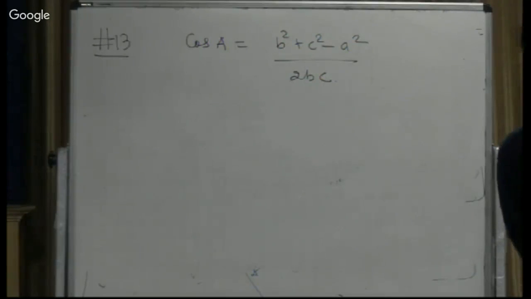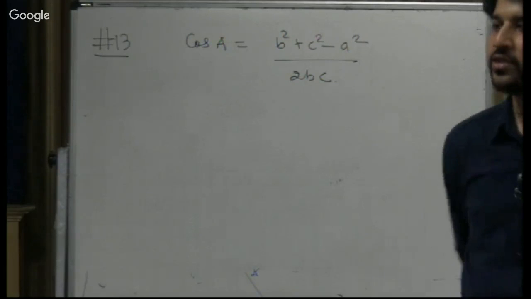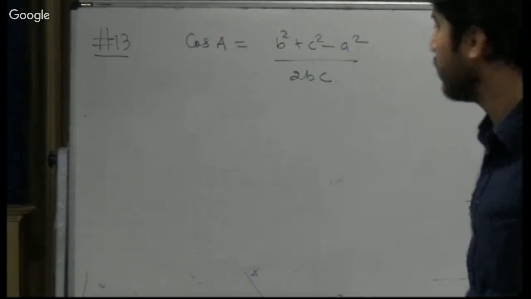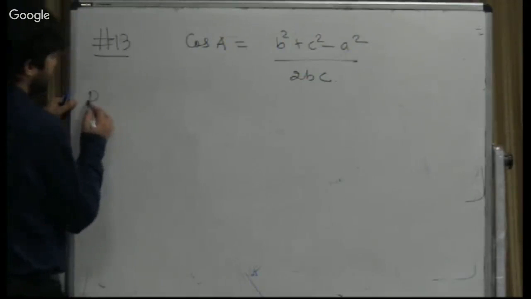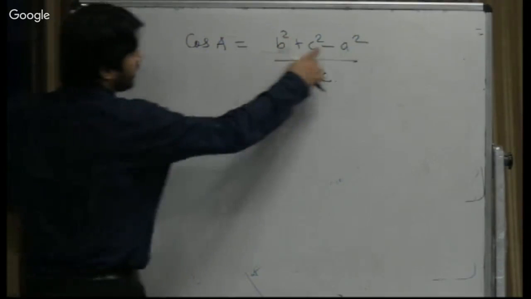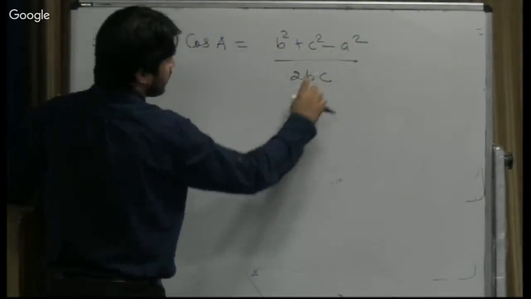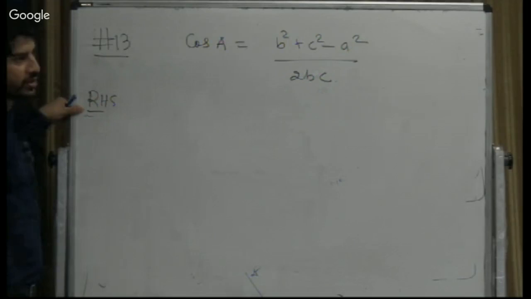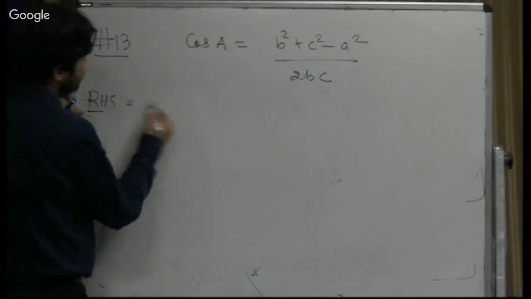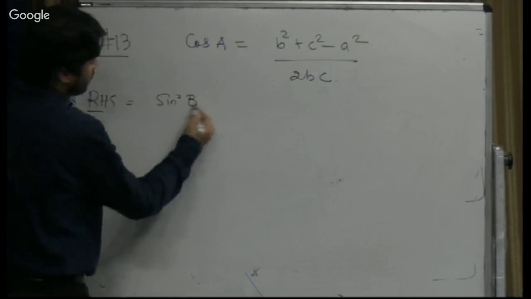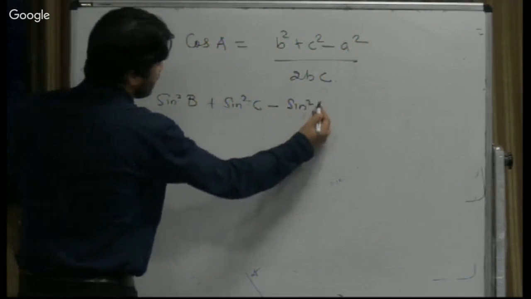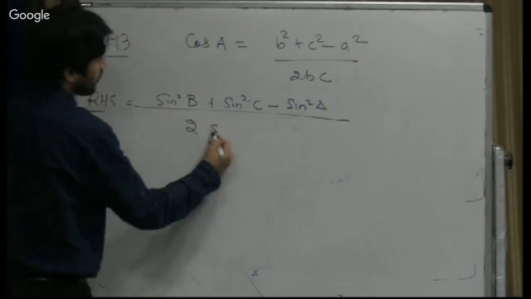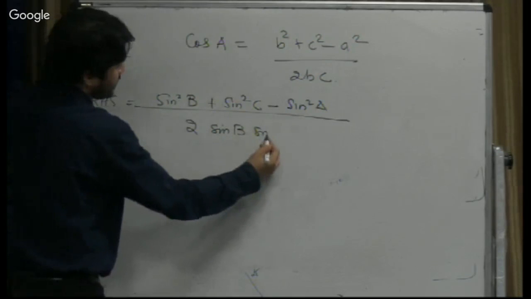Since we know on the left hand side is an angle, and on the right hand side we have sides, so what should we use? Sine rule. So I'm just working on the right hand side. Since all are square terms, it is 4R square, 4R square, 4R square, and then down also we have 4R square. So I'll just get rid of the 2R's. So I'll be left with (sine square B plus sine square C minus sine square A) over 2 sine B sine C, right?